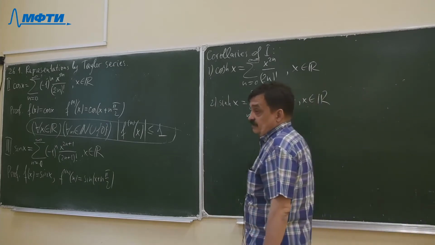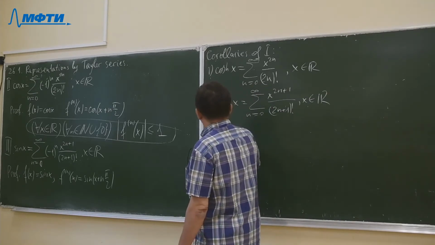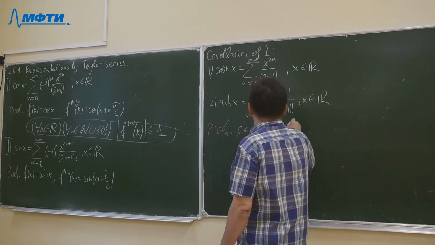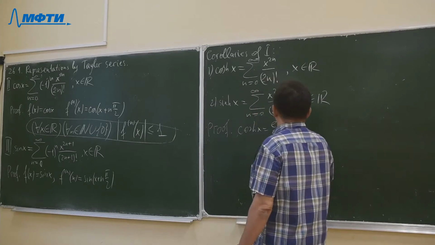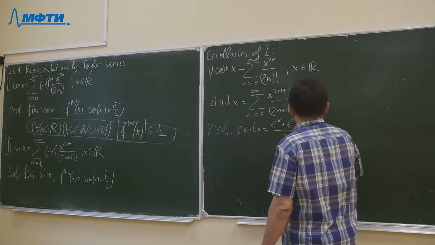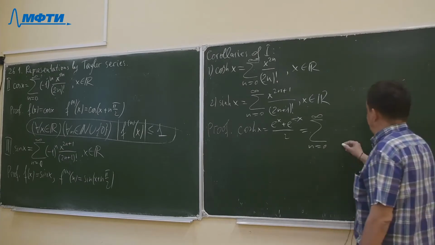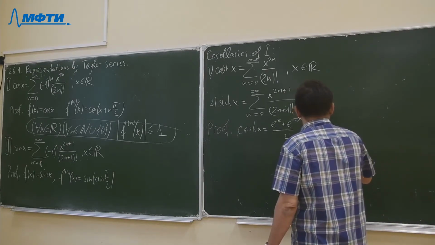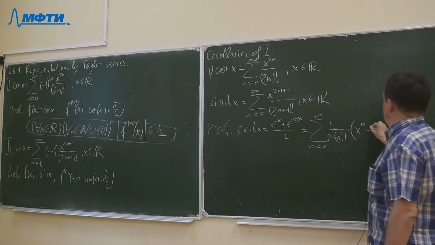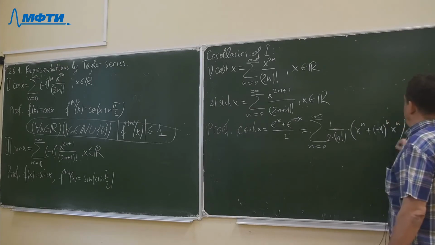And why these are indeed corollaries, I'll check it for cosine hyperbolic only. Proof. So cosine hyperbolic x is e to the power x plus e to the power minus x over 2. So we substitute our formula for the exponential function. So what we have, 1 over 2 times n factorial, minus x to the power n plus x, that is, x to the power n plus minus x to the power n.